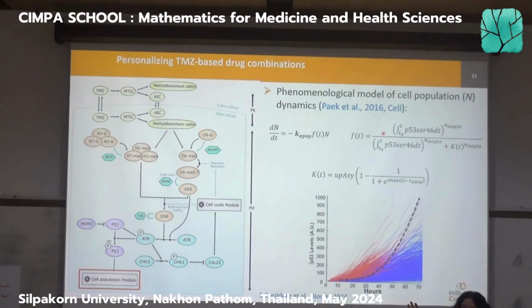The threshold is dependent on time, following K of T. So now the threshold in the Hill function is exactly equal to K of T. This is saying my death rate is non-zero whenever the integral of P53 is above this black line. Okay, does it make sense?